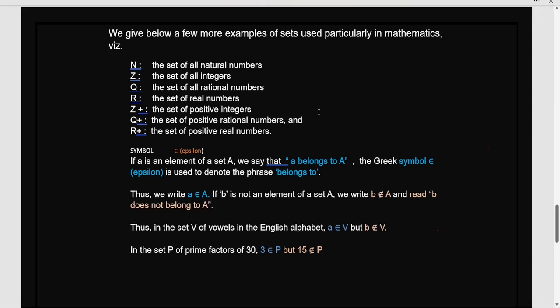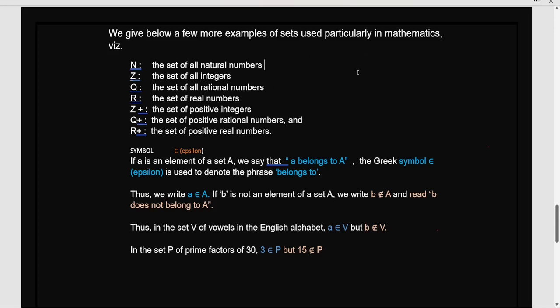Now we'll see some examples of important set representations. N is, as you know, the set of all natural numbers, that is 1, 2, 3, 4, 5, and so on.